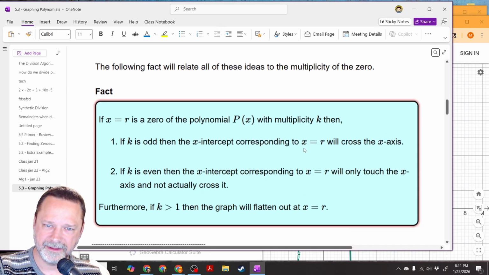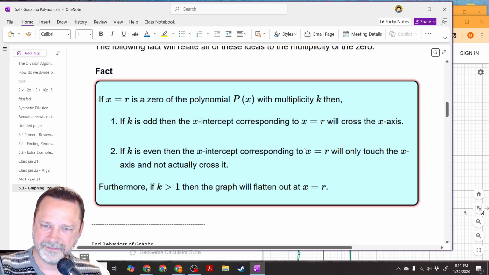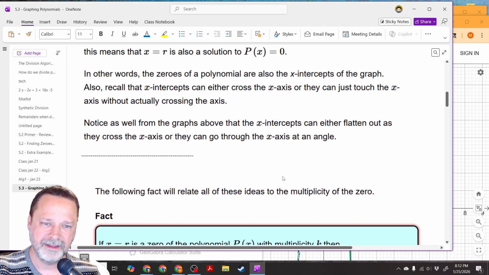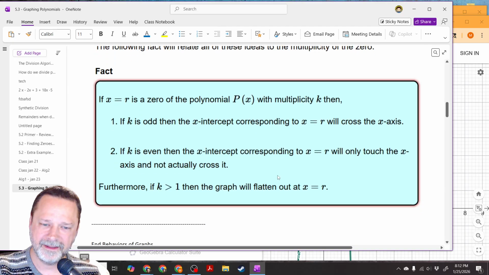So yes, here's all those relationships again. Now this brings us to something else. I think this was the last thing I wanted to talk about.